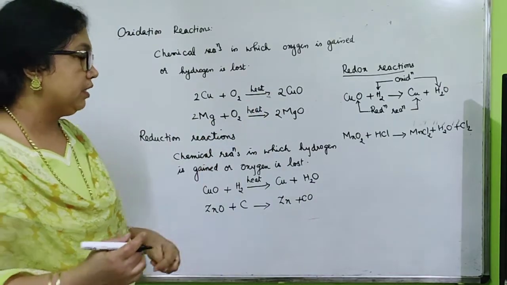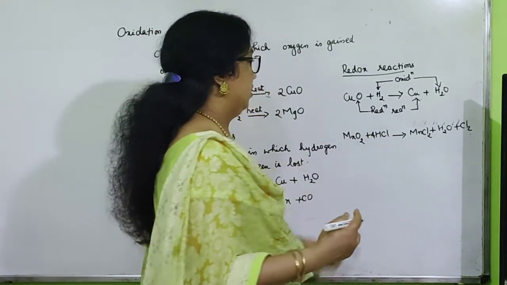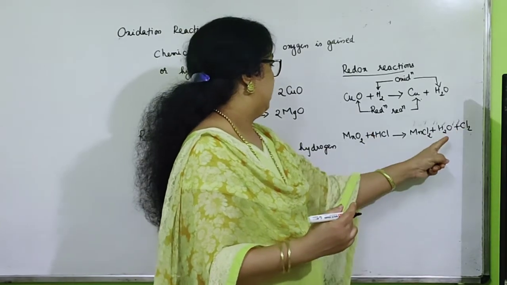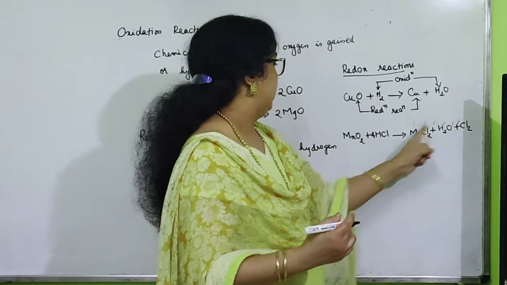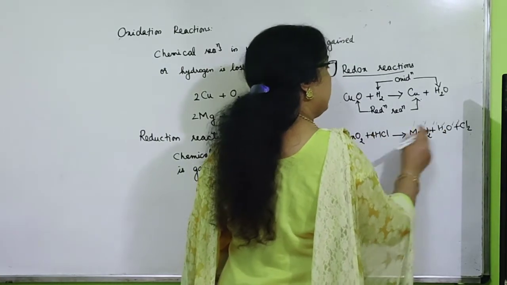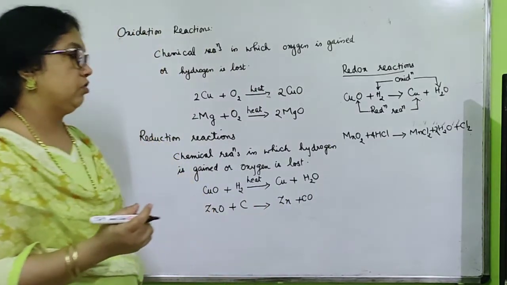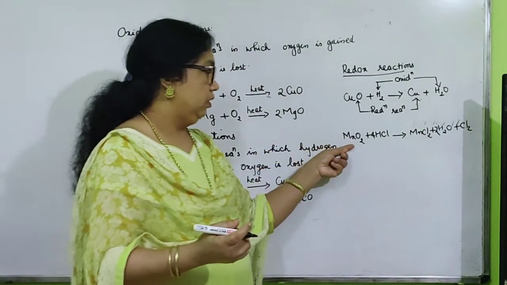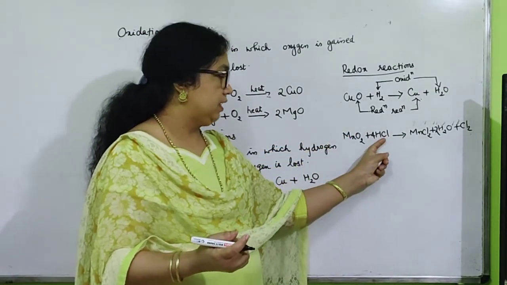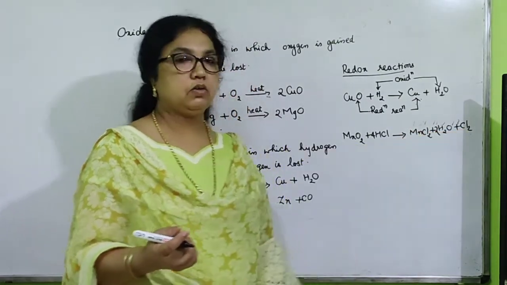There are 4 chlorine atoms on one side, here only 1, so 4 HCl. So chlorine is balanced. Now oxygen here 1, here 2, and hydrogen 4 here, only 2 there, so 2 H2O. Now this is the balanced equation: MnO2 plus 4HCl gives MnCl2 plus 2H2O plus Cl2.